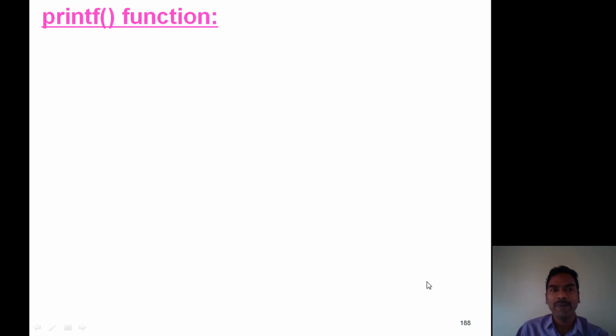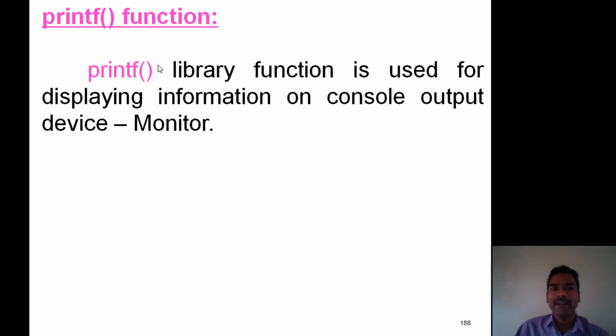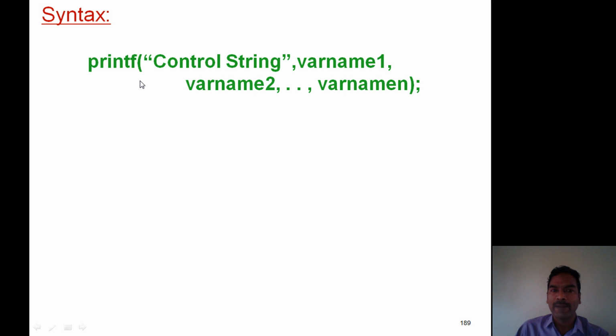How should this function be? Now the printf function. Printf is a library function used for displaying information on the console output device, the monitor. This is the general format: printf. Here also it accepts two parts.